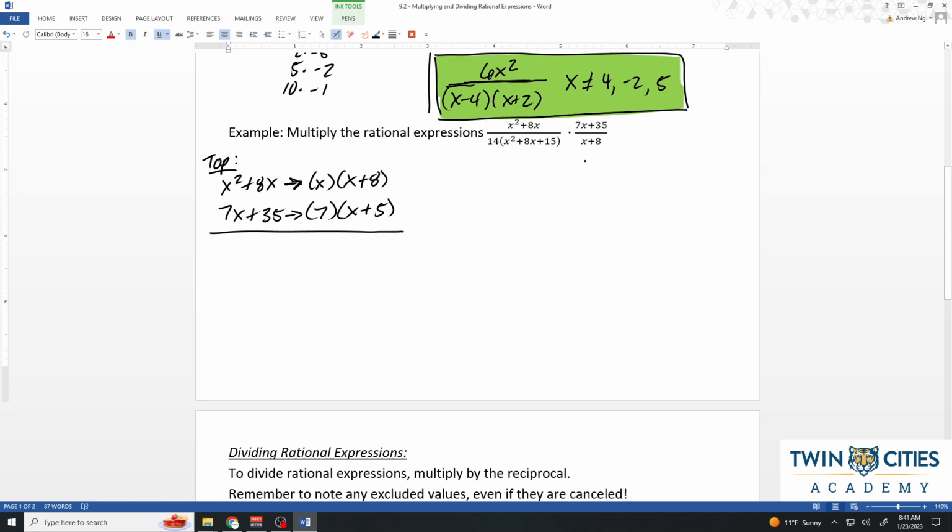Okay, now let's do the bottom parts. For the bottom, I've got 14 times the quantity x squared plus 8x plus 15. So we're going to factor this. So a equals 1 here, c equals 15.